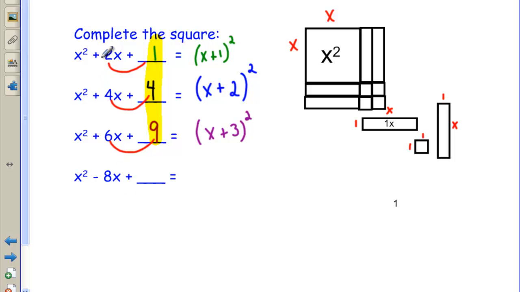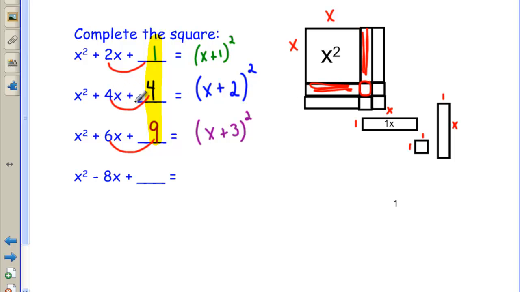Well, when there were 2 x's, there was 1 added on each side for a total of 2, and that made 1 by 1 the missing part.